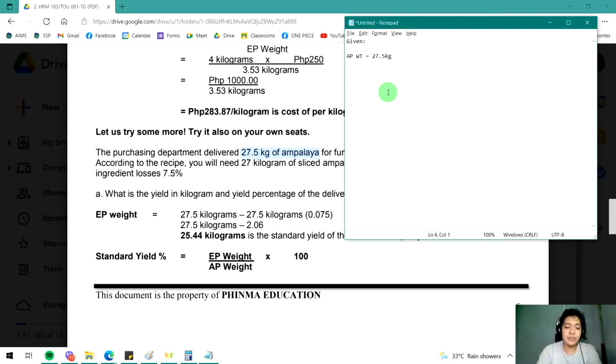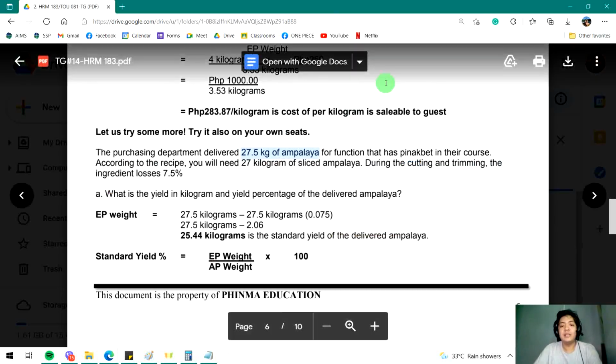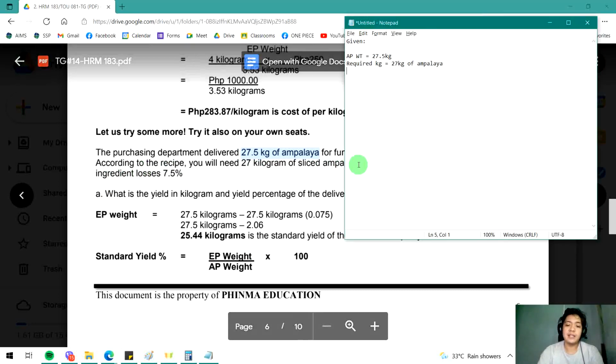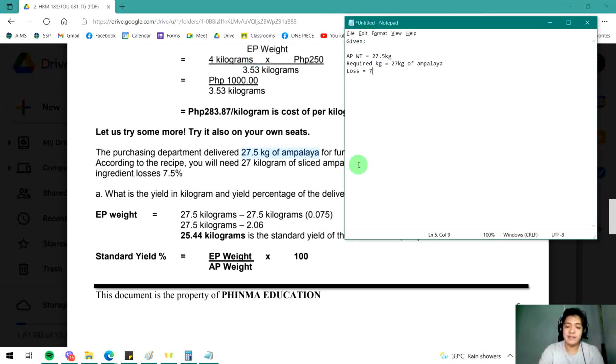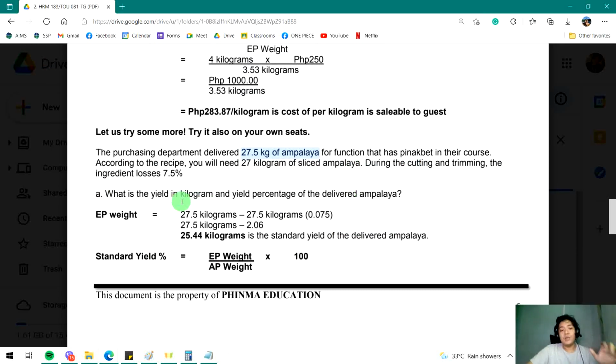Sige, lagay natin dito, required kg is 27 kilograms of ampalaya. During the cutting and trimming, the ingredient loss is 7.5%. So, loss, 7.5%. So, yan yung given sa formula natin. What is the yield in kilogram and yield percentage of the delivered ampalaya?